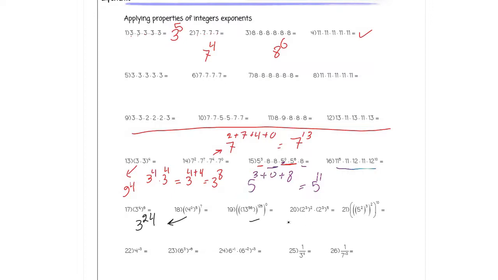This one is also easy to do the same, like 2 to the power of 3 times 2, 6, multiplied by 2 to the power of 3 times 5, 15. Now 6 plus 15, 2 to the power of 21.